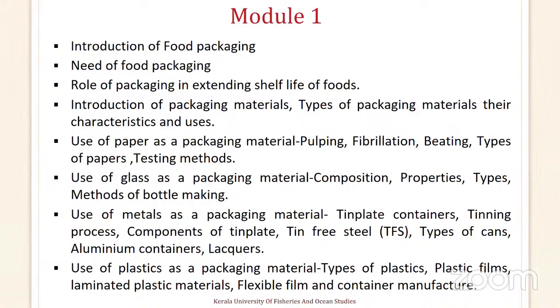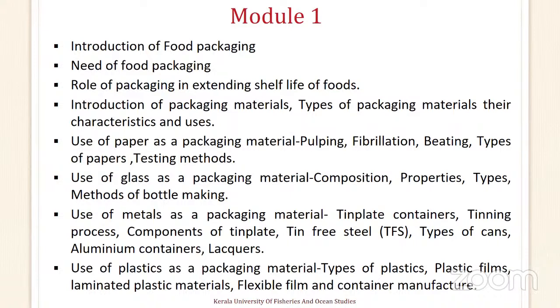and why the metal came up when we already had glass as a packaging material, why it was replaced by metals, and what are the advantages of having a metal as a packaging material, and also what are the disadvantages that are associated with metals as a packaging material.